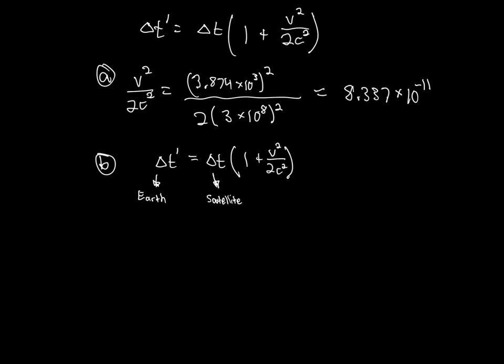So I need something to plug in for delta t, something to plug in for 1. That one's easy. And v squared over 2c squared, we just found what happens. What do I plug in for delta t on the satellite? How much time is going by on the satellite over the course of a day? How long is a day? How many seconds? We just found it.